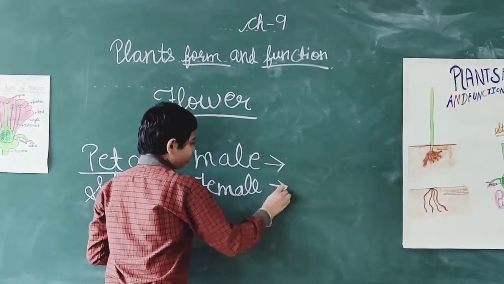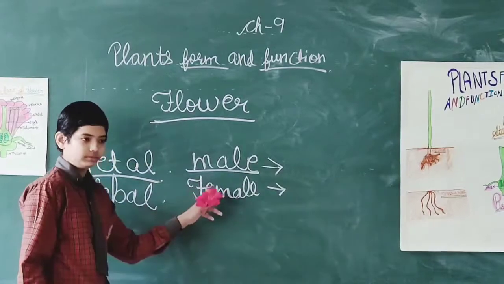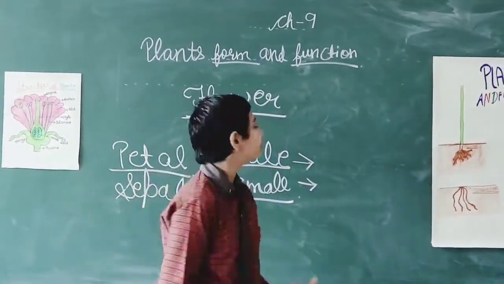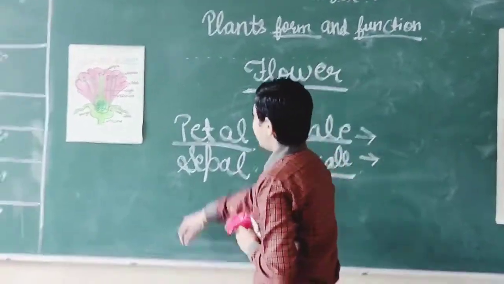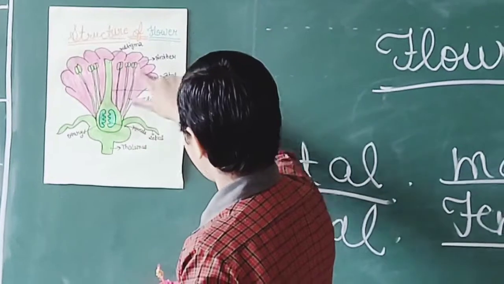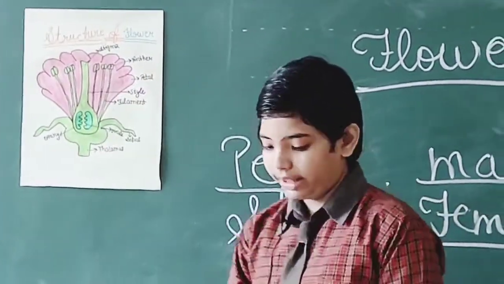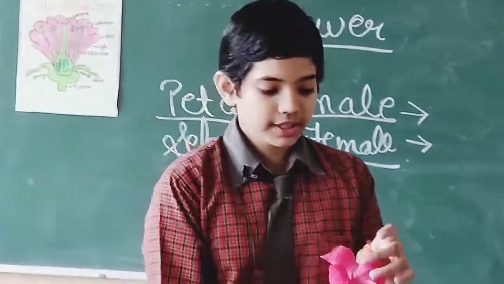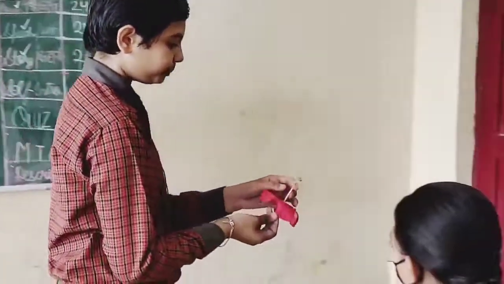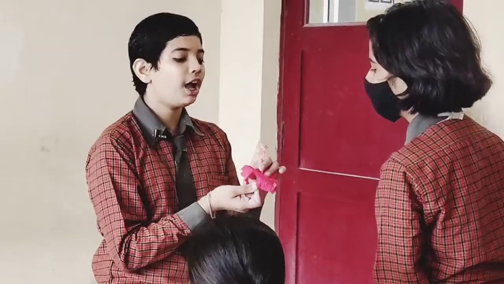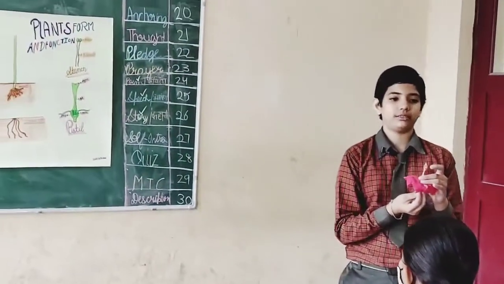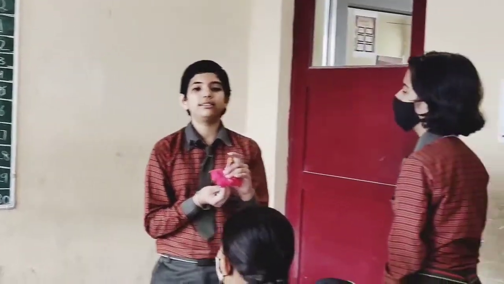As you can see in the diagram, this is the male portion of the flower. We call it the stamen.